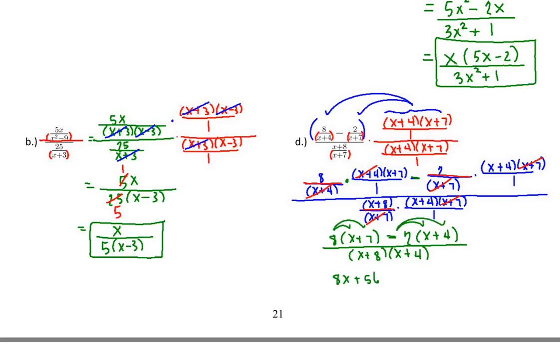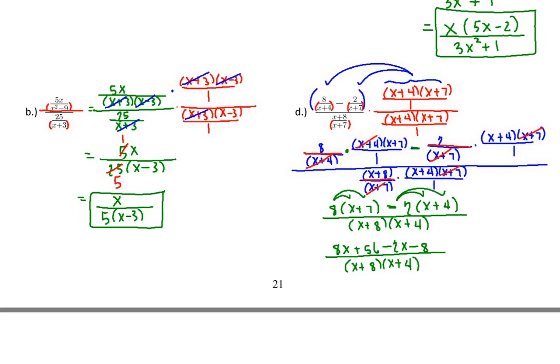Make sure you distribute negative 2: minus 2x minus 8, and leave that denominator in factored form. Combining like terms in the numerator, 8x minus 2x is going to give us 6x, and 56 minus 8 gives us plus 48. And maintain the same LCD.